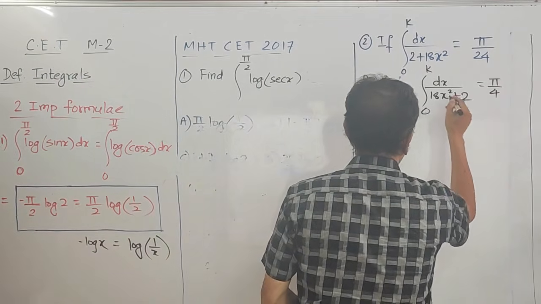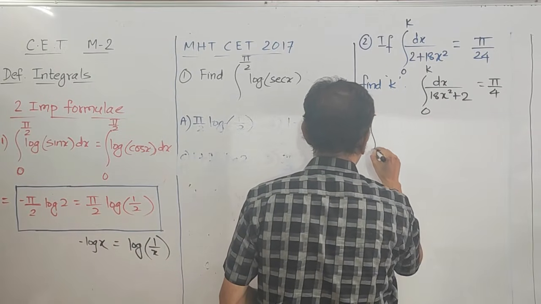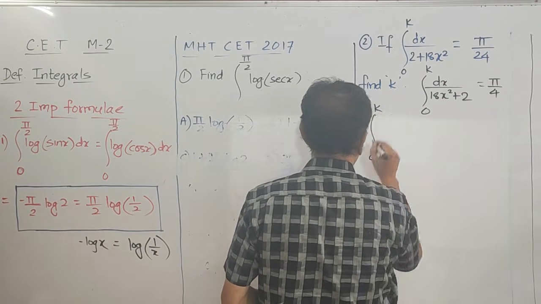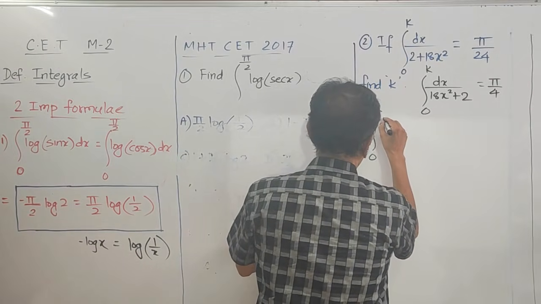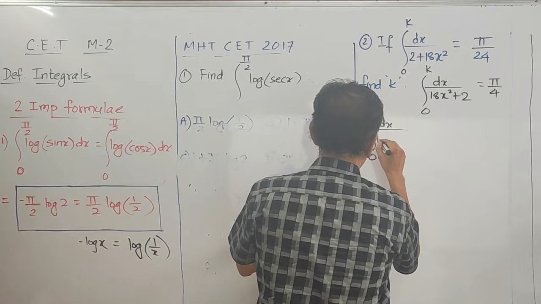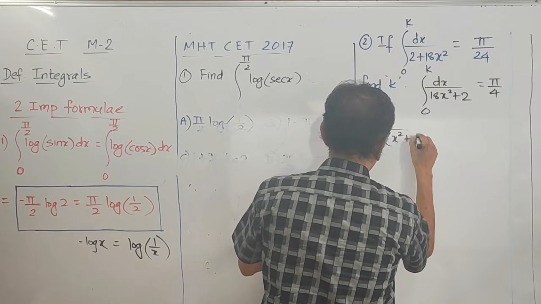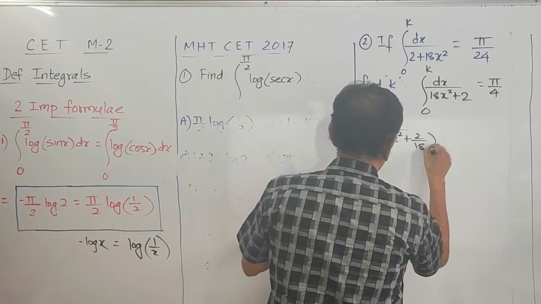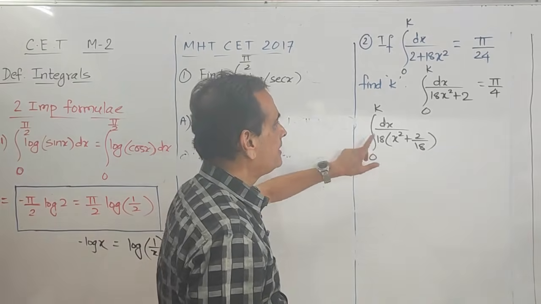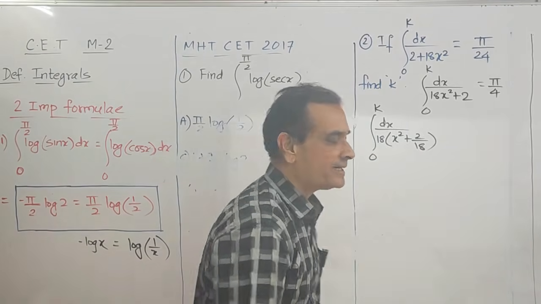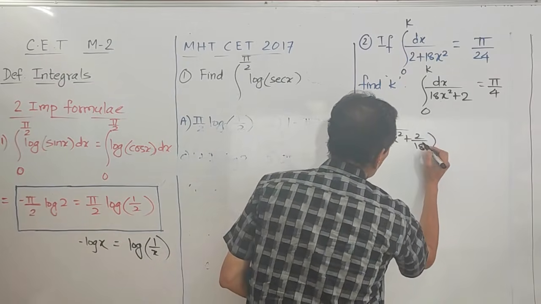So 18 को बाहर निकालो. And you also know the rule that when any number is taken outside the bracket, inside you have to divide by that number. तो 18 को बाहर निकाला तो अंदर क्या हो गया? x squared plus 2 upon 18.